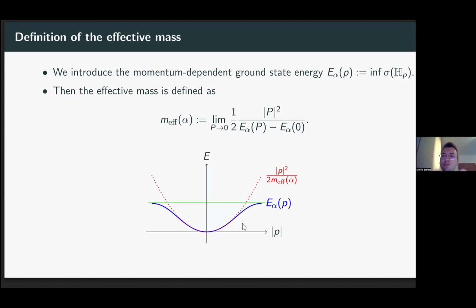We could control the energy very well in alpha, but we had no P control. So if P gets very small, then an error of the form alpha, even alpha minus 4, is still way too large. So for the upper bound, we really had no control on how to handle small p's.